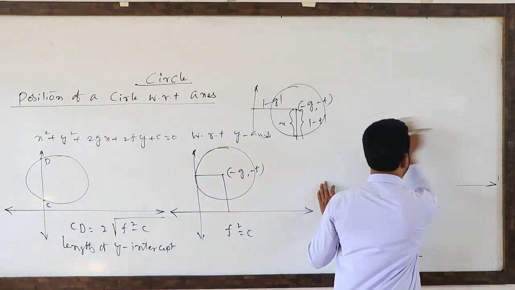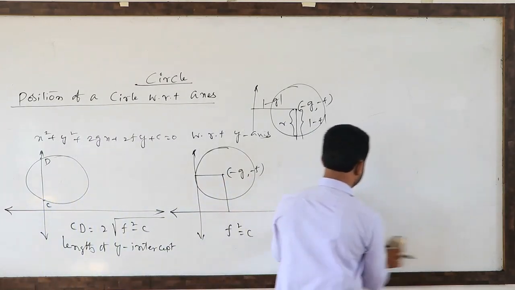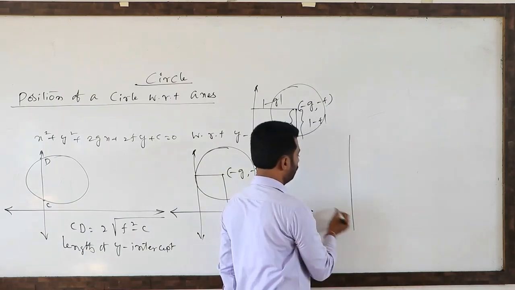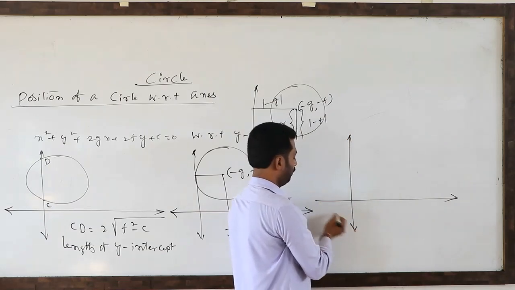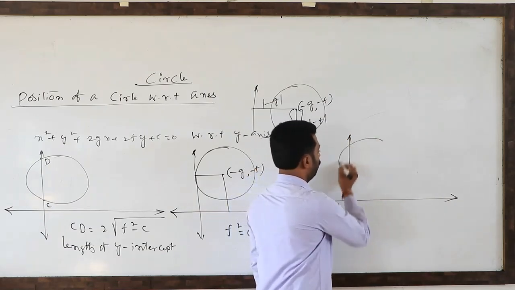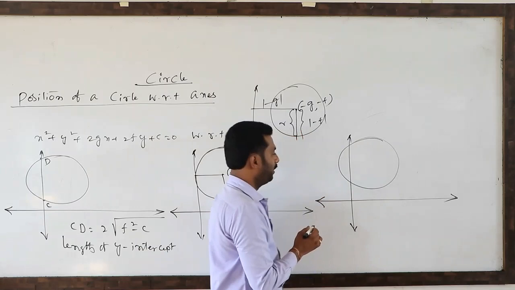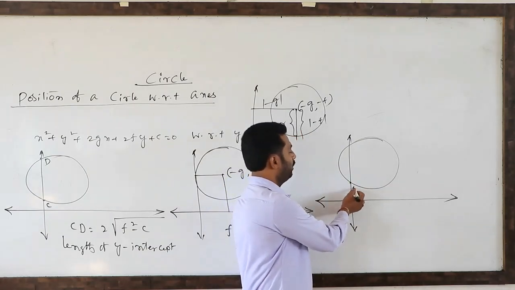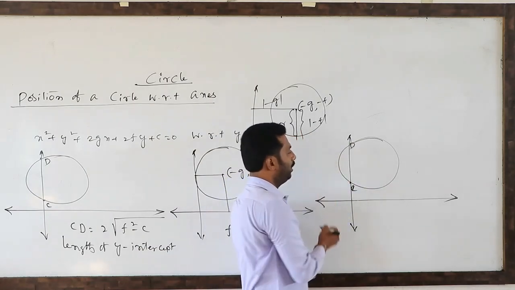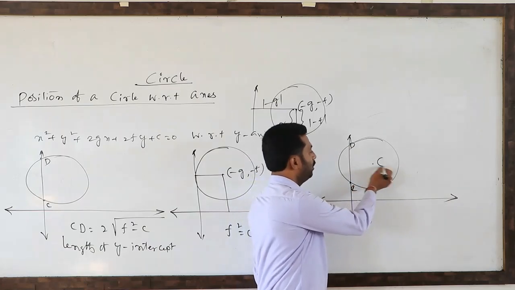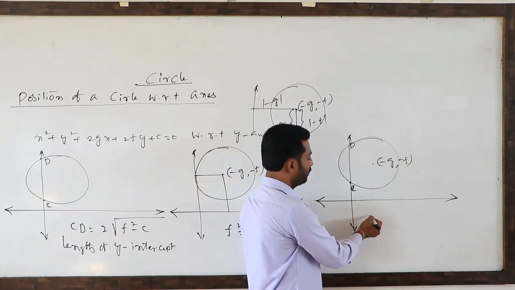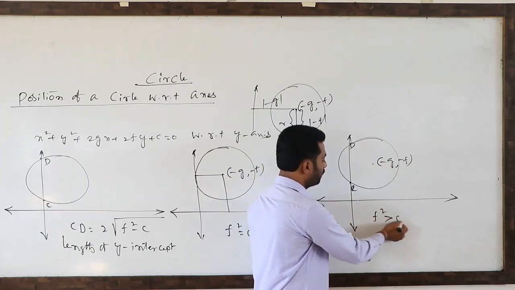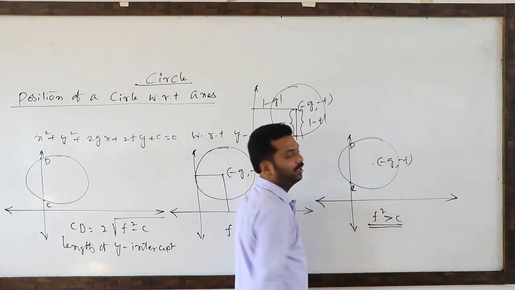Intersecting. So this is a circle intersecting the y-axis at C and D. The center is minus g comma minus f. What is the condition? f square is greater than c, intersecting.